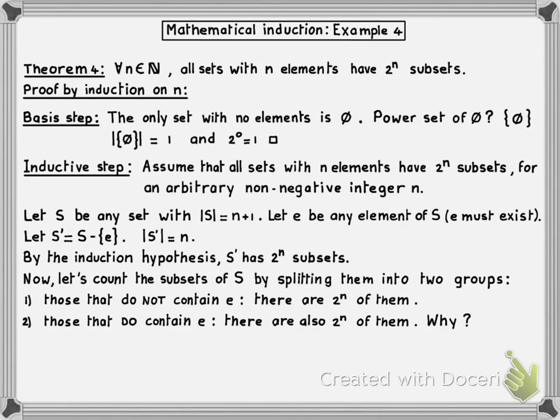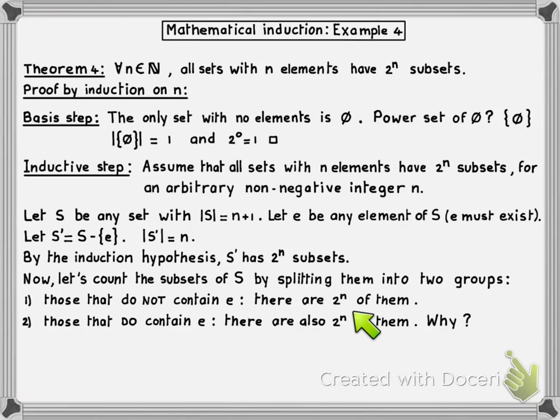Now, the total set of the subsets of S is obtained by unioning these subsets with these ones. Since a subset either contains E or it doesn't, and of course there are no common subsets in those 2 categories. So you take the union of them and you get the power set of S. Now the question is, how many elements are there in this power set of S?